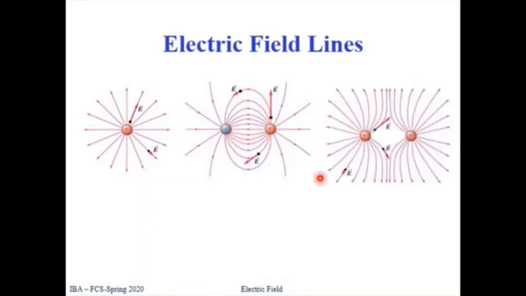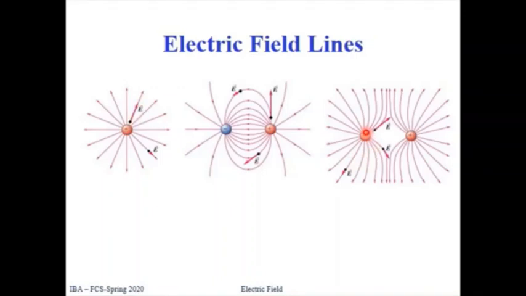On the other hand, if we have two positive charges, because the same charges repel each other, the lines of force also repel each other. As I told you, the direction of the electrostatic field can be found through these electric lines of force.